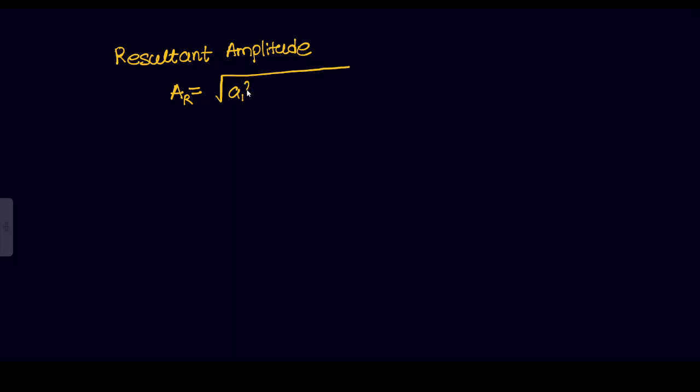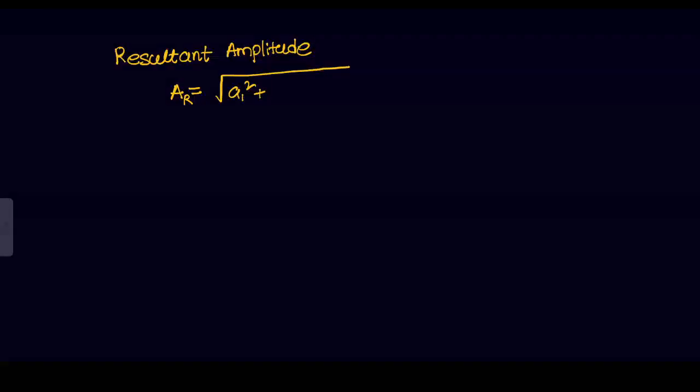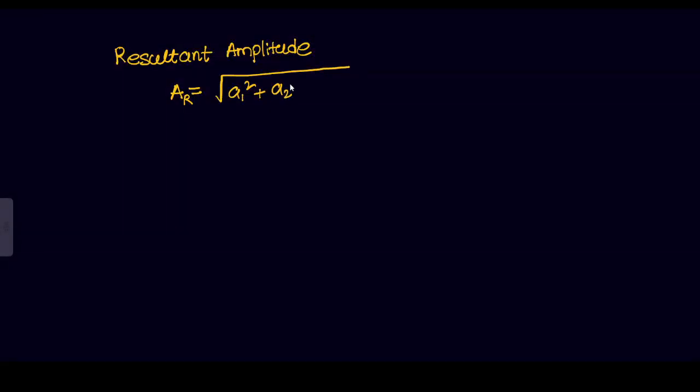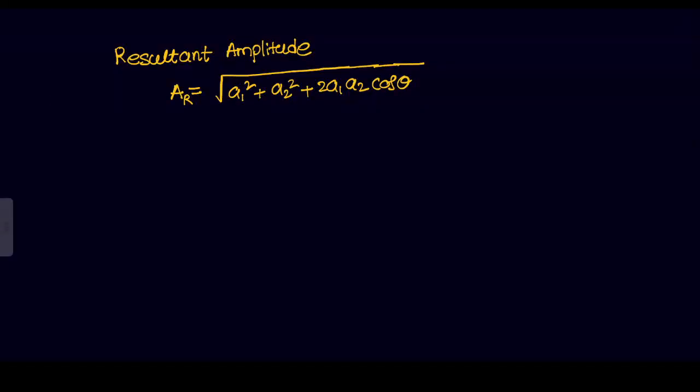Let us say this is A1 and this is A2, different amplitudes. A1 square plus A2 square plus 2A1A2 cos theta, where theta is the phase difference. The resultant amplitude is the square root of A1 square plus A2 square plus 2A1A2 cos theta.